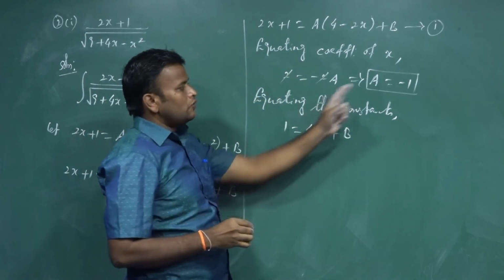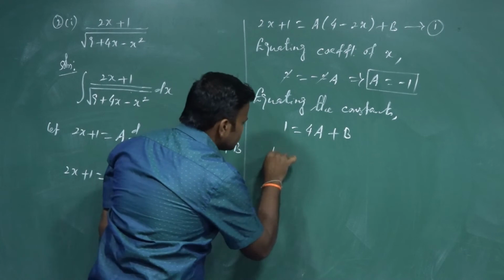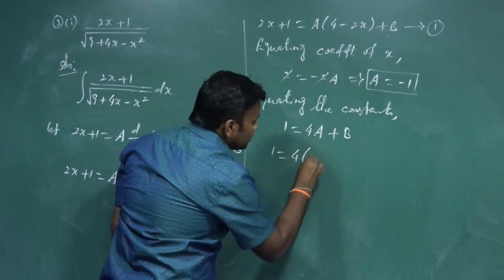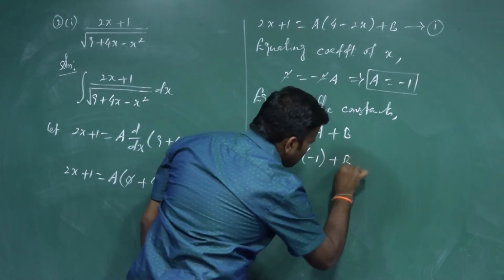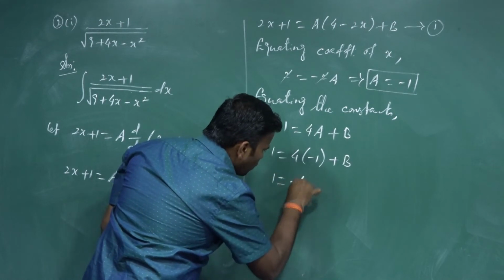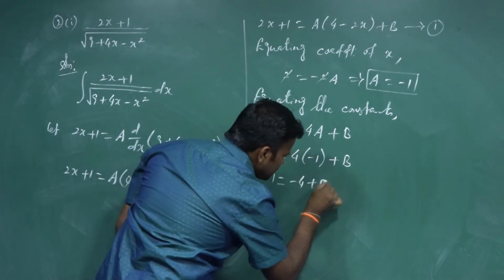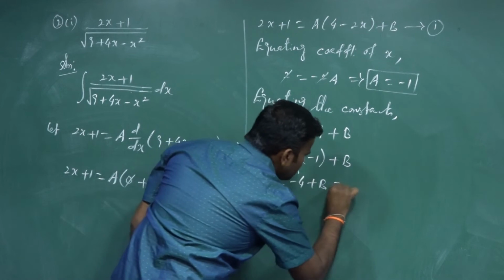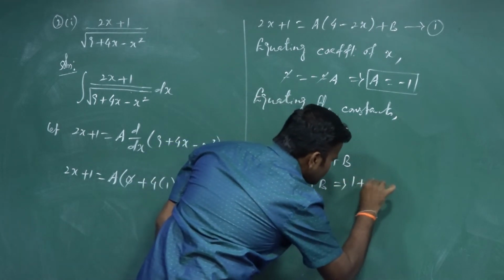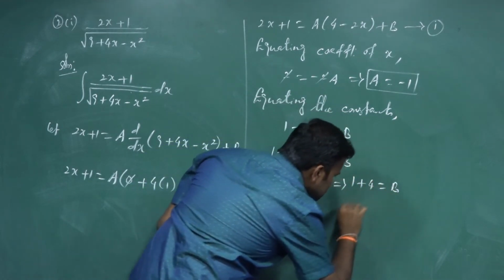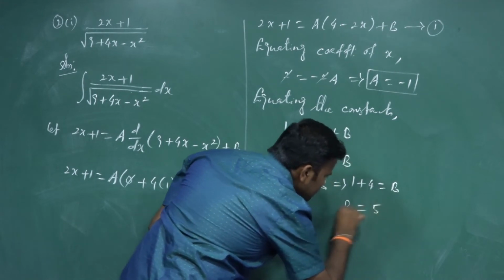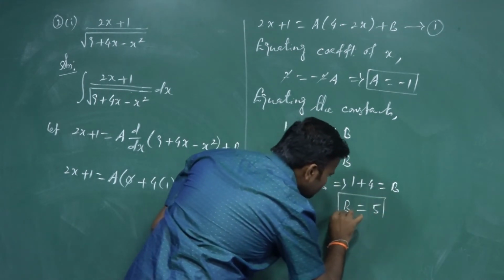Now we substitute the value of a here: 1 equals 4 of a, minus 1 plus b. 1 is equal to minus 4 plus b. Minus 4 becomes plus 4 on that side. So the value of b is equal to 5.